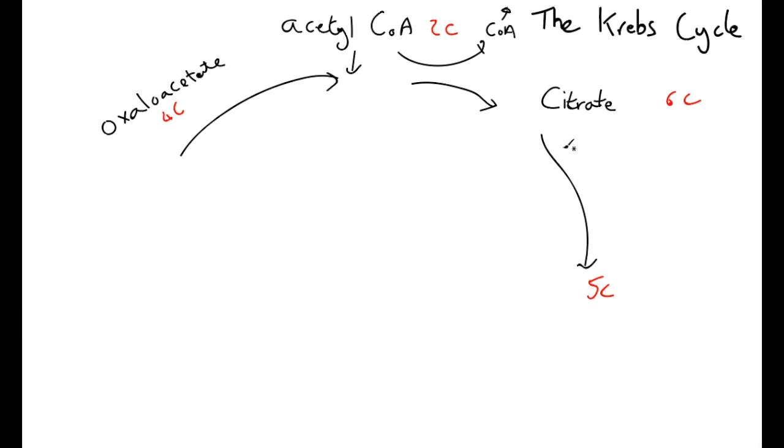So that must mean we're going to lose a CO2 through decarboxylation. That's a bit of a tongue twister. So we'll say we've lost 1 carbon there. So now we end up with our 5-carbon.